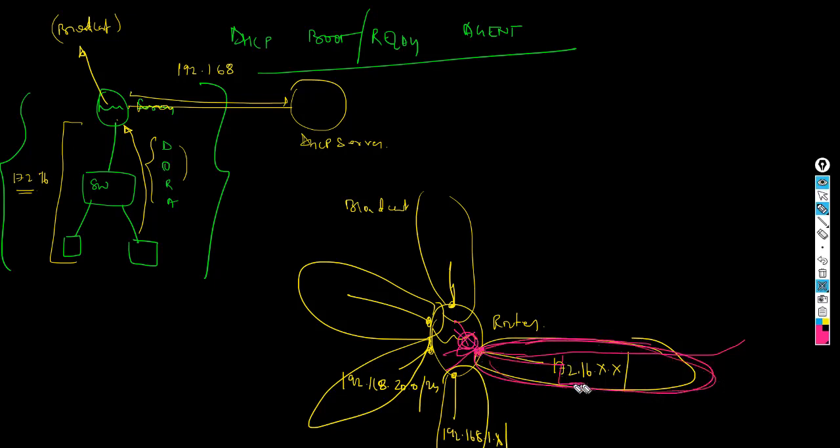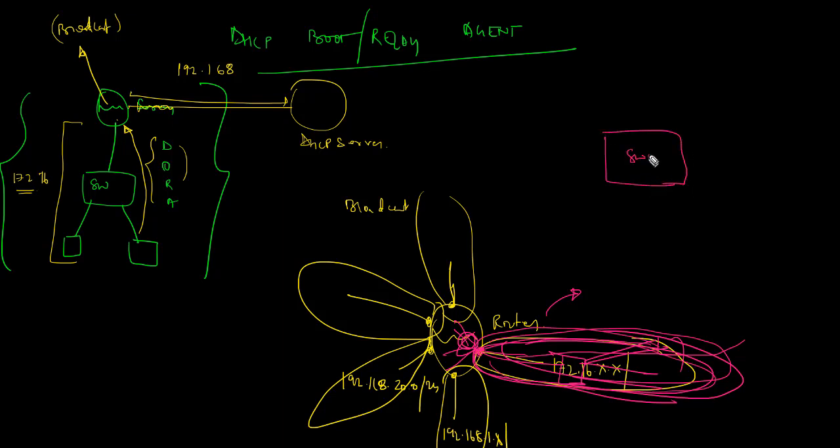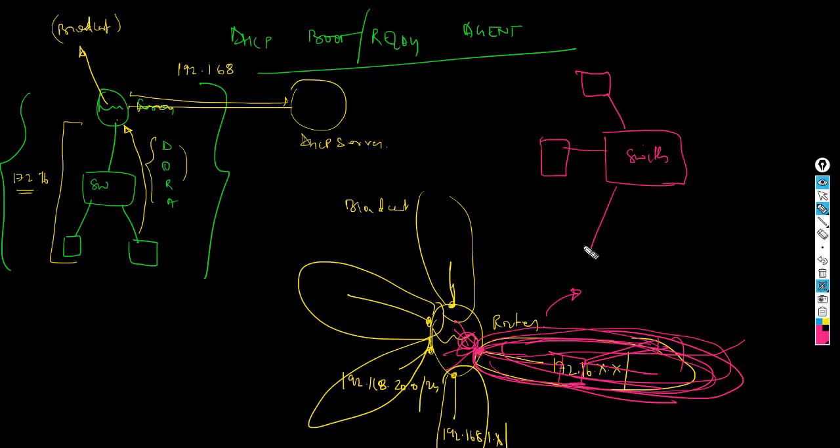You might have a switch with a couple of end devices, and you're maintaining a separate broadcast domain here. The router is set to drop broadcast messages and not give them to anyone else. But if you talk about a switch with multiple hosts, and it receives something, the switch is going to broadcast to every other port.